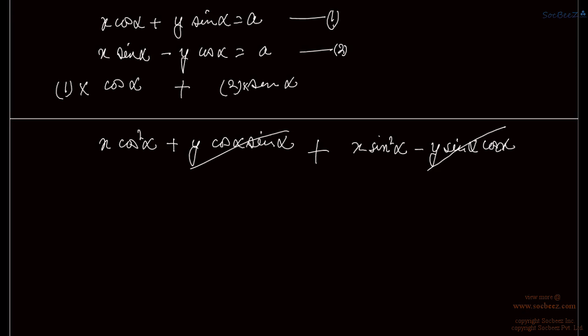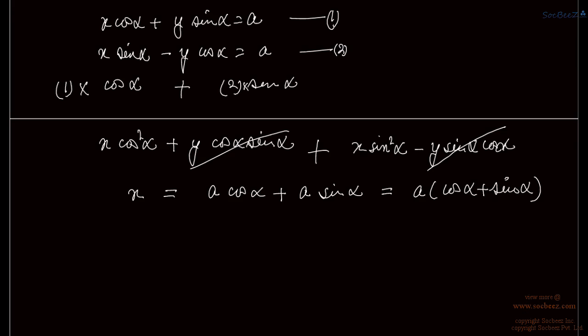This term and this term will be cancelled, and so we have x times cos square alpha plus sin square alpha, which is nothing but x, because cos square alpha plus sin square alpha is equal to 1. And in right hand side we have a cos alpha plus a sin alpha. So we have x as a times cos alpha plus sin alpha, right?